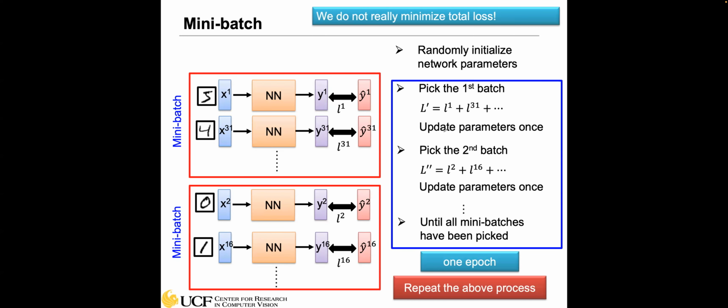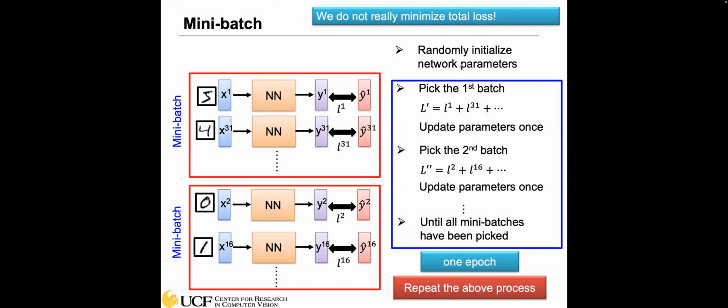And this is how this kind of mini batch training paradigm works. Okay, so still using the digit classification as an example. In the beginning, we randomly initialize the network parameters. That's basically what we do in the initial step. We just randomly initialize.